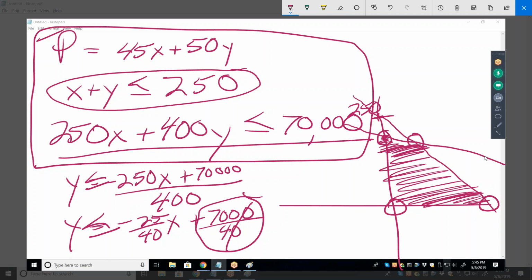Okay, it's at the vertice. Why is it at the vertices? I'm not sure I can answer that. I just know that your maximum value comes at one of those vertices. The next step is to plug all of them in. And whichever one gives you the highest P is the answer.